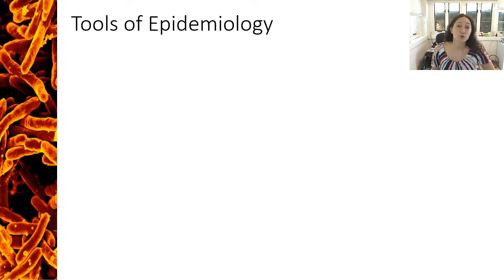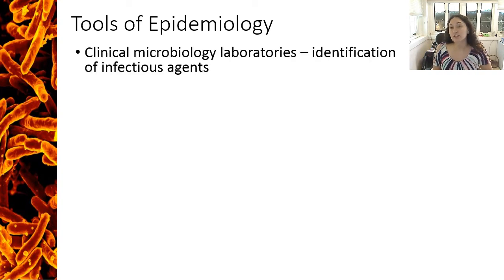So there are two main tools of epidemiology that go hand in hand when we're talking about epidemiology of infectious diseases. The first are the clinical microbiology labs. These are the diagnostic labs where patient samples are sent to be tested to figure out what pathogen and what infection the individual might have.